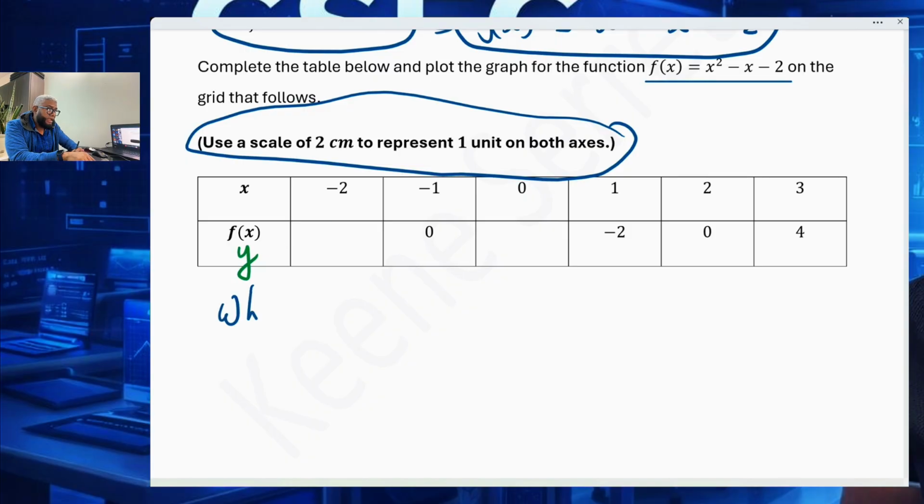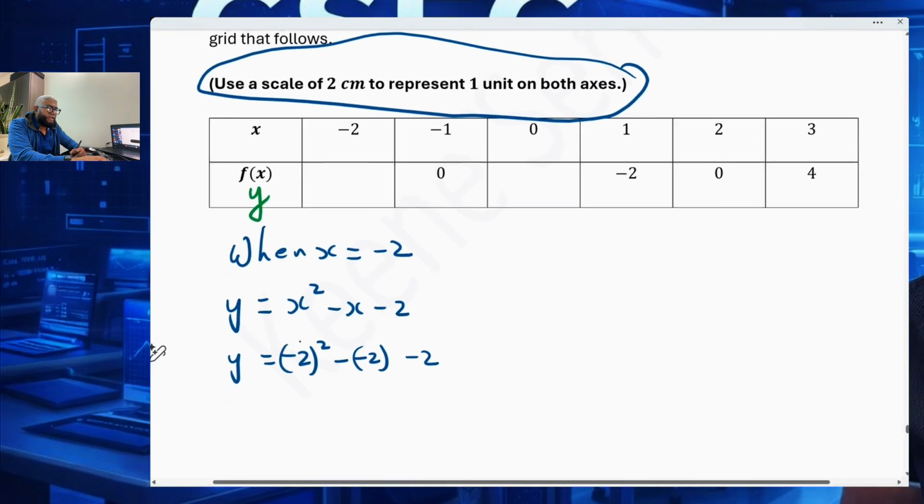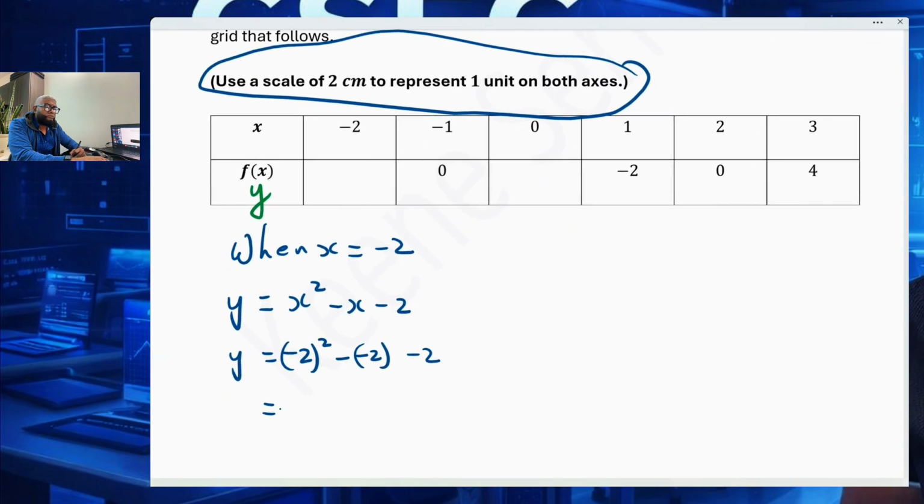When x is equal to negative 2, y will be equal to, look at the quadratic up here, y is x squared minus x minus 2. So y, or f of x, will be equal to negative 2 squared minus negative 2 minus 2. What do you get there, Liam? 4?